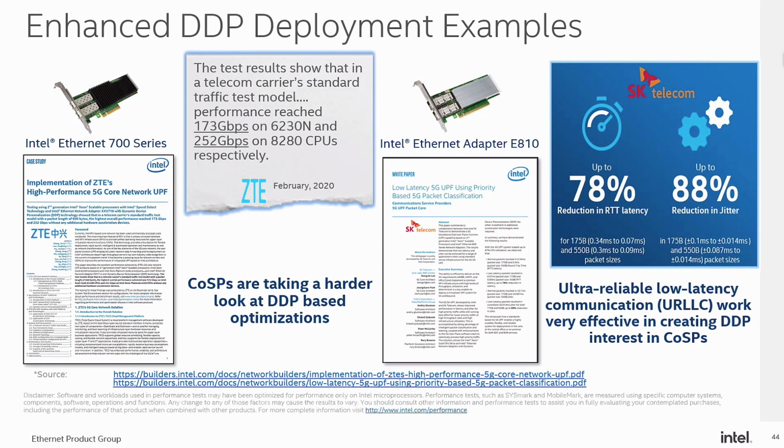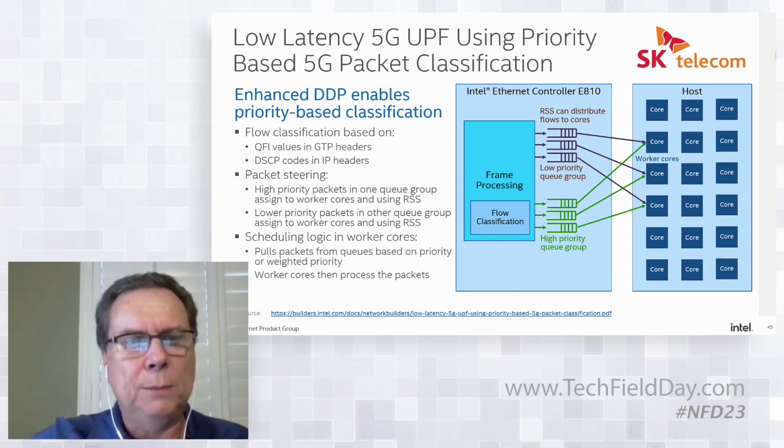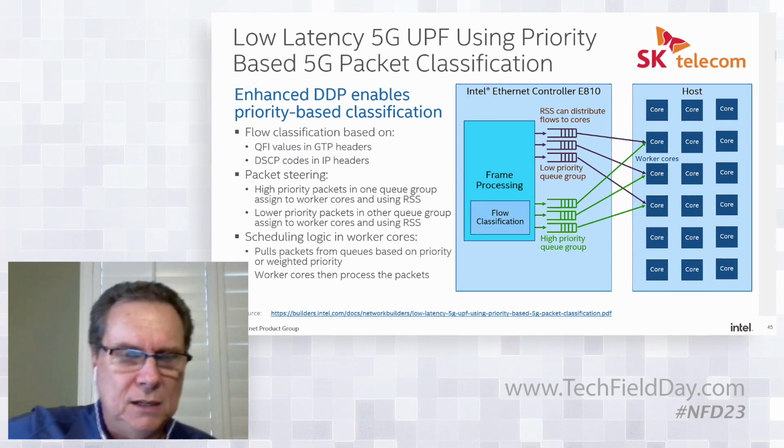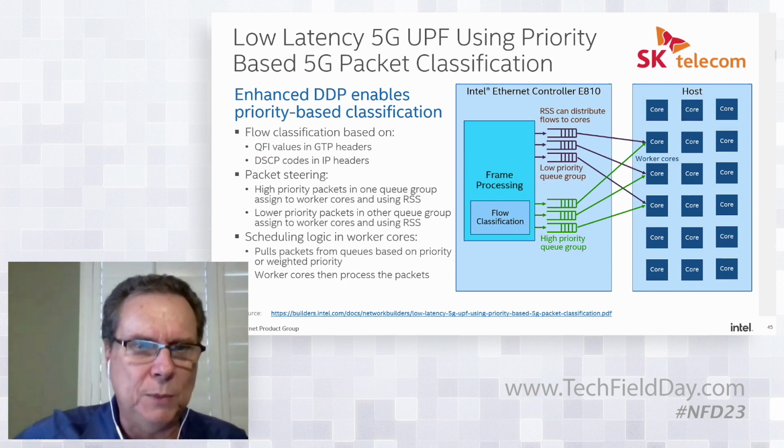And then with the higher priority traffic, they can see a reduction in round trip latency of 78% and a reduction in jitter of about 88%. So this is especially important when you want to process high priority traffic in a comms application. So this is just a high level view of what they've done and what the white paper is all about. This is a 5G UPF application using priorities based on 5G packet classification.